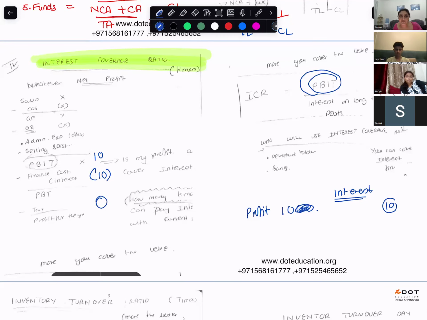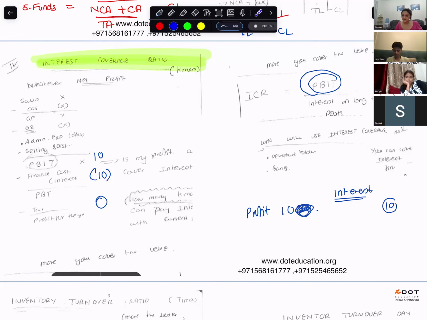They are taking home 0. Next year, they can earn more or they can earn less. There is no stability for the next year. So the debenture holders will not give loan to such a type of a company. Will they? But suppose your profit is 100 and interest is 10.